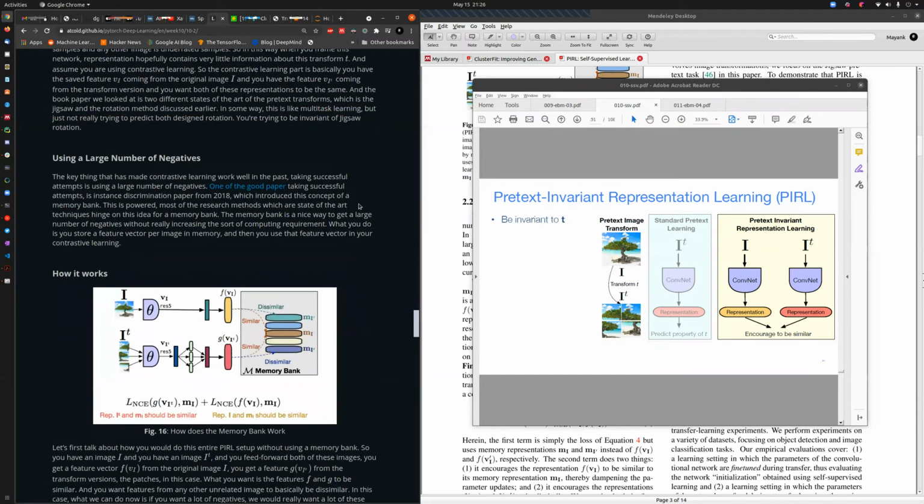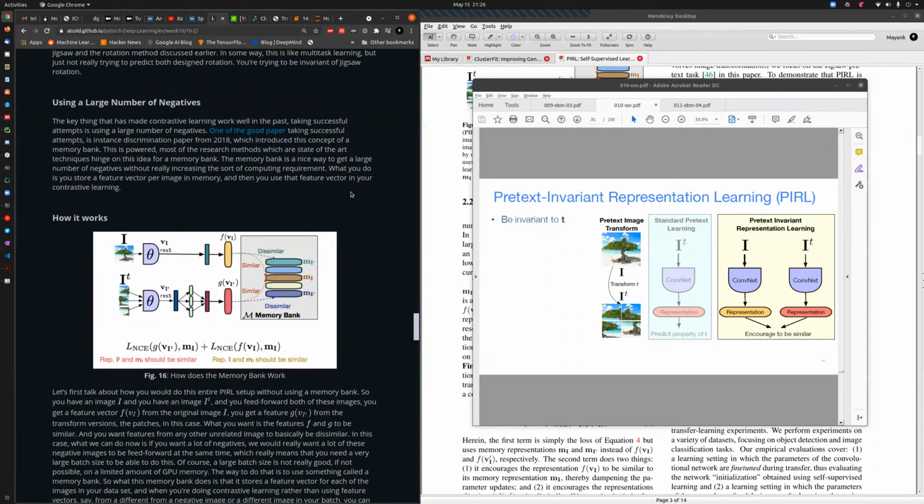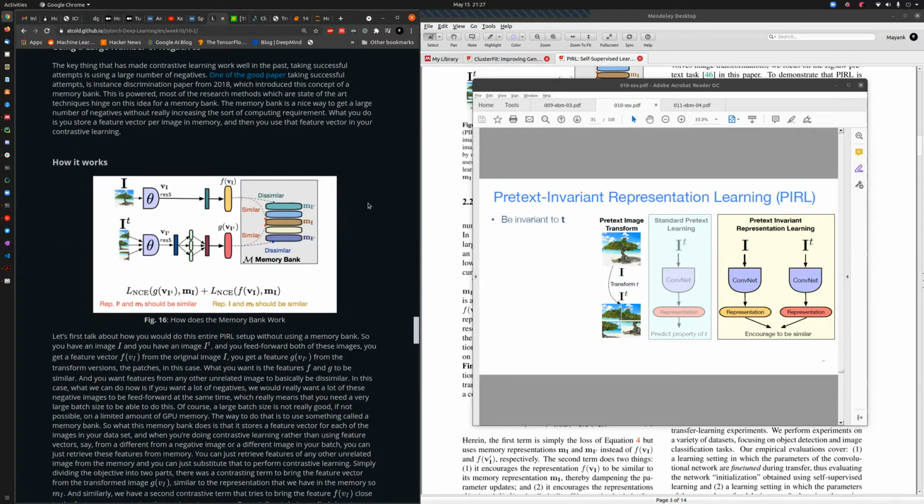This is at a high level, but if we want, we can go through the depth too. And using a large number of negatives, yeah. This is the discrimination from 2018, which introduces the concept of memory banks. So he talked about using memory banks versus large batch sizes, and which is necessary in which condition.